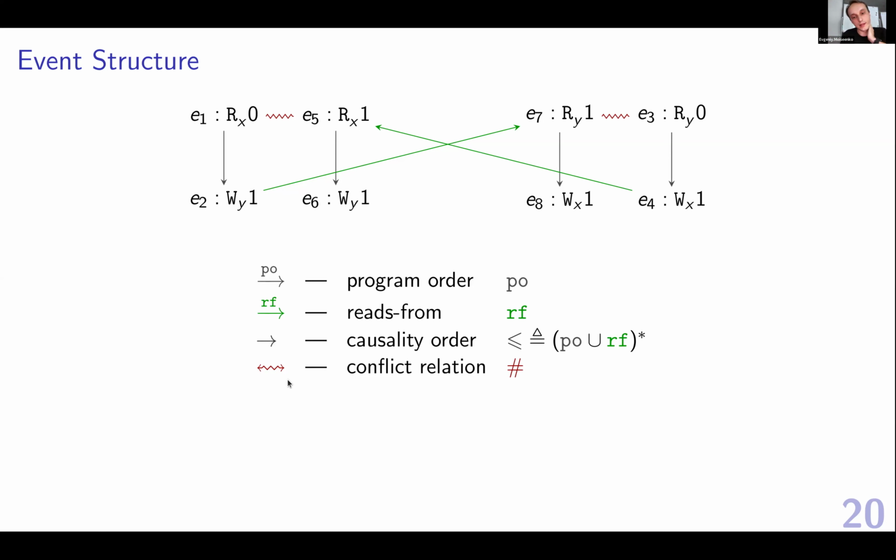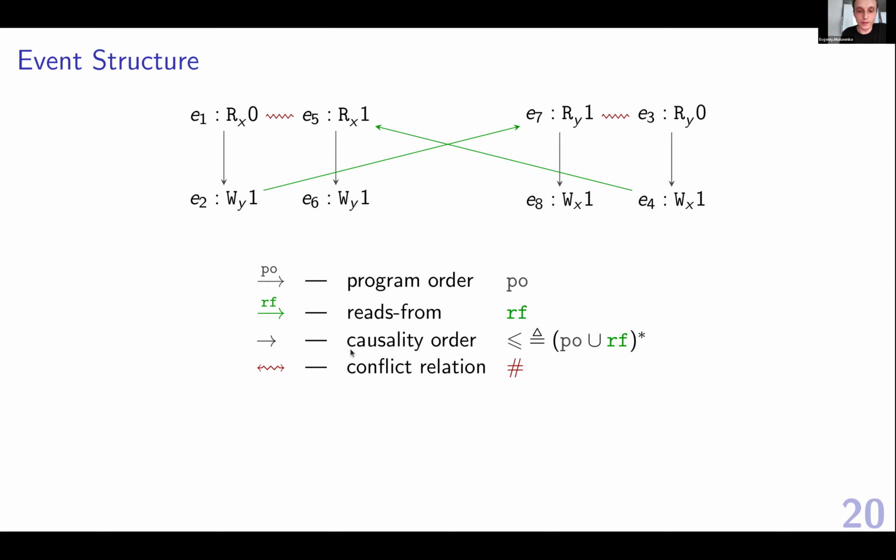Next is the conflict relation. It says that if two events are in conflict, they cannot belong to the same execution. They have to belong to different executions of the program. There are a bunch of axioms on these causality and conflict relations.